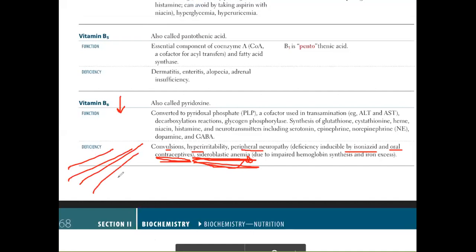You will have these four terminologies of anemias, and they ask which vitamin is responsible. The responsible vitamin for sideroblastic anemia is vitamin B6, due to impaired hemoglobin synthesis and iron excess. And I just told you alpha aminolevulinic acid is responsible for it.